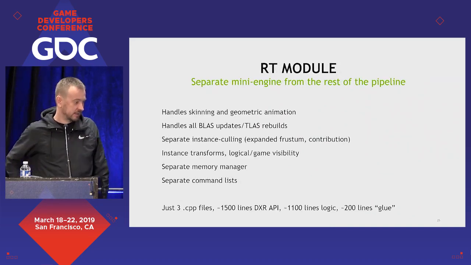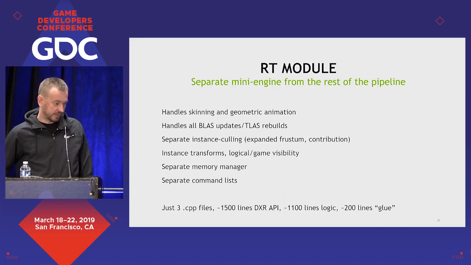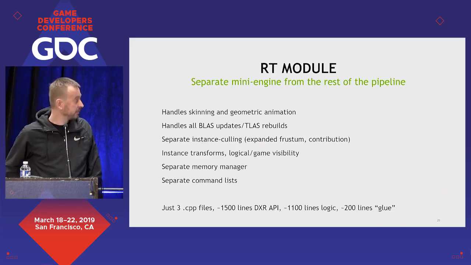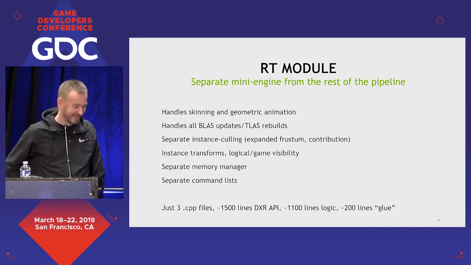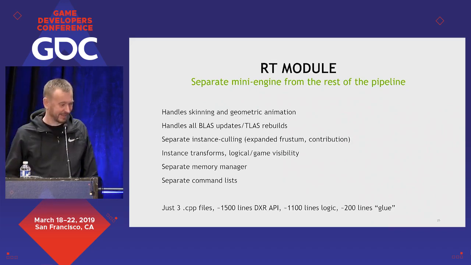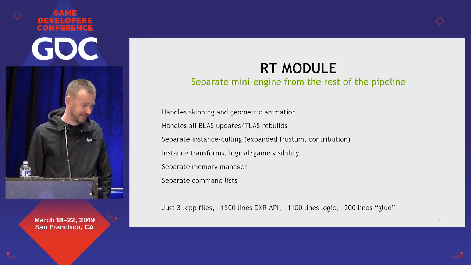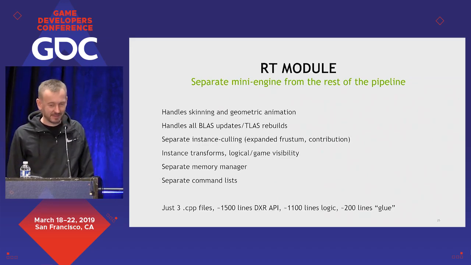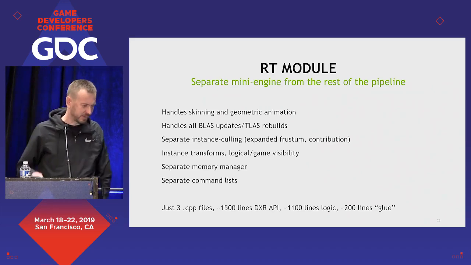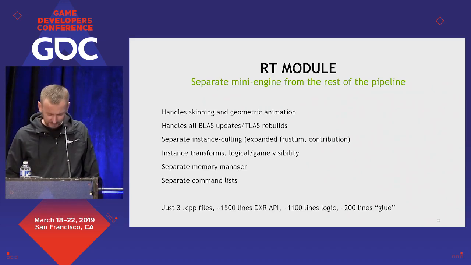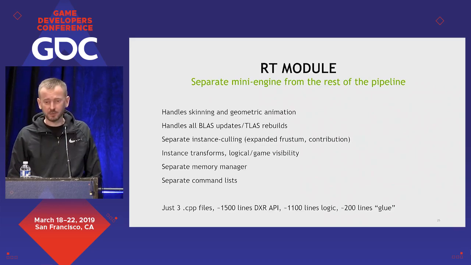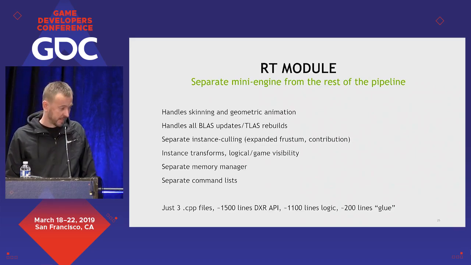From the C++ engine side, it all looks like a completely independent mini engine. It is just 3 source files and less than 3,000 lines total, with the biggest of them being the DXR API management, like shader compilation, pipeline configuration, all that BVH, bounding volume hierarchy stuff.